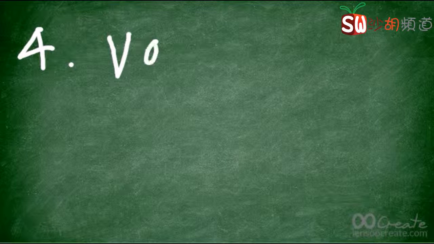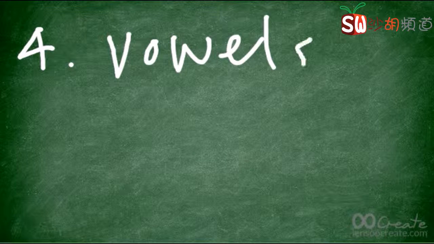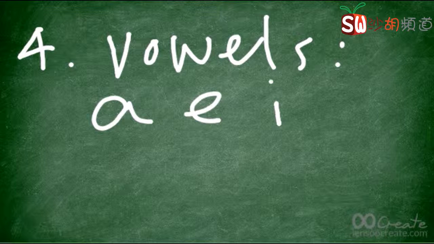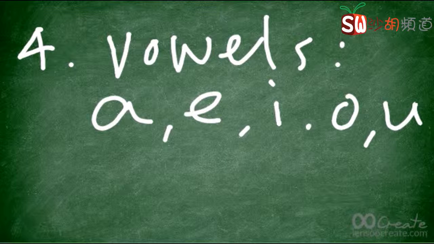Okay, so now rule number 4. If you see the vowel, they are A, E, I, O, or U, you need to double the last letter.